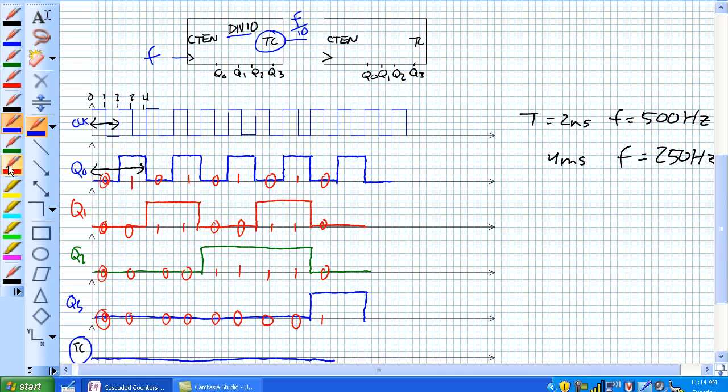Now all of a sudden it hits 9. 1, 0, 0, 1. TC, since it's reached the maximum of its upcounting sequence, goes high. Boom, everything recycles. Back to 0. And we can start all over again at 0, 0, 0, 0.